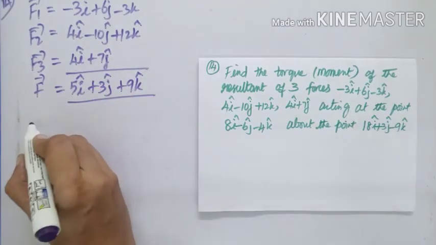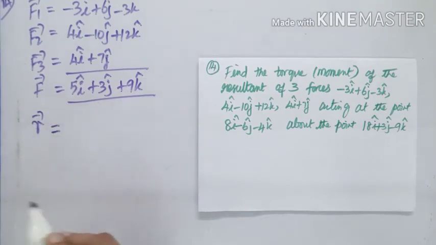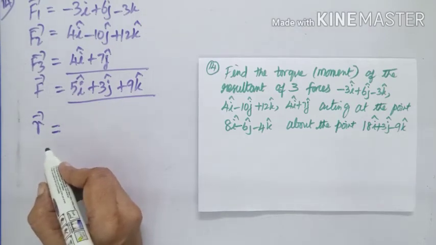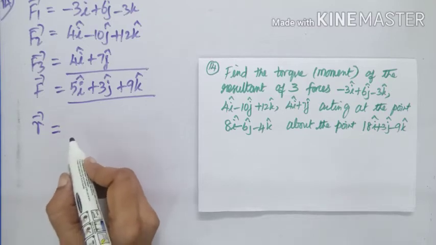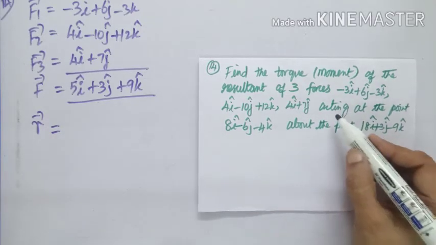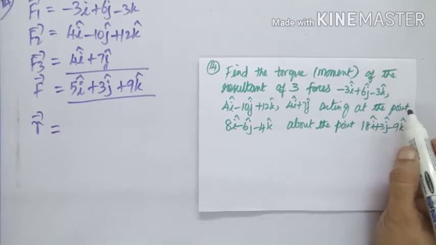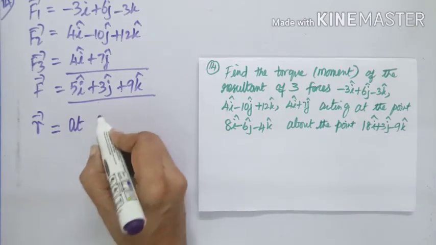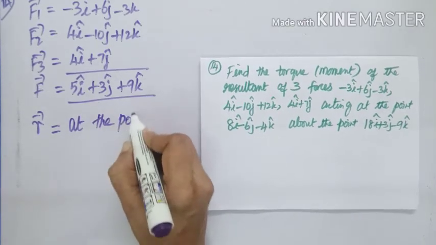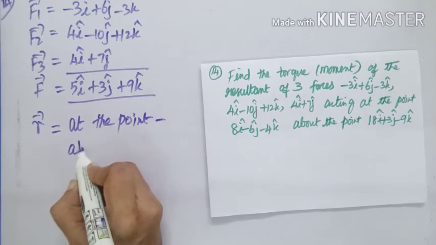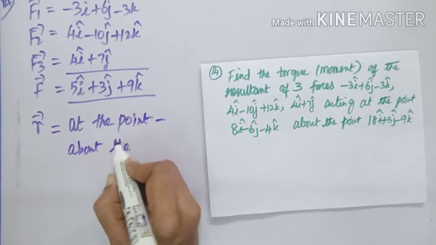The second step is to find what is R. The formula is either at or through. So in this question we are given acting at a point. So we say at the point minus about the point. So what is at the point given in the question?